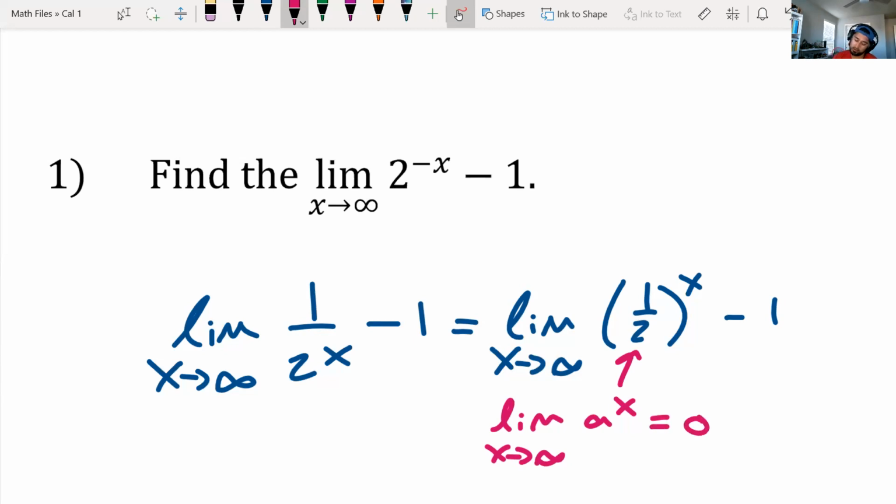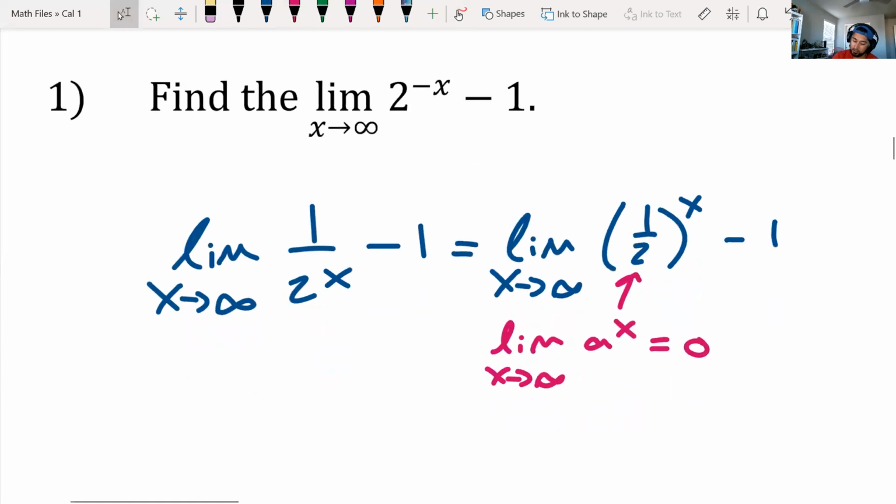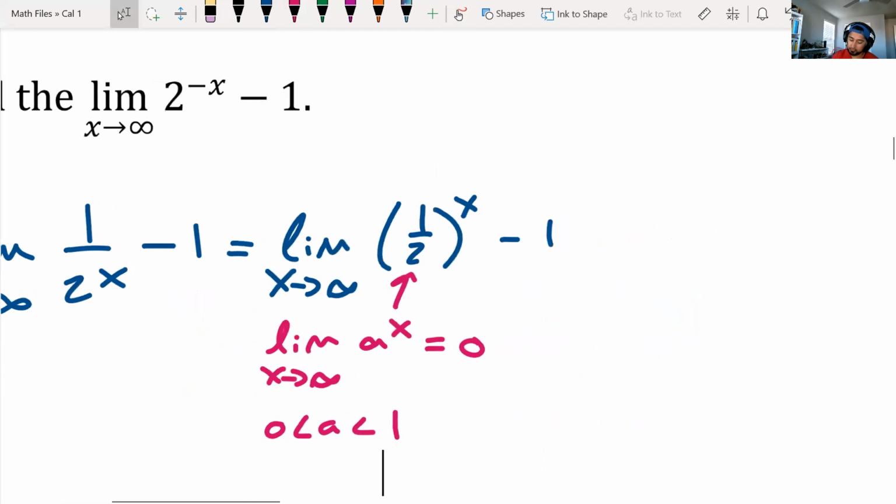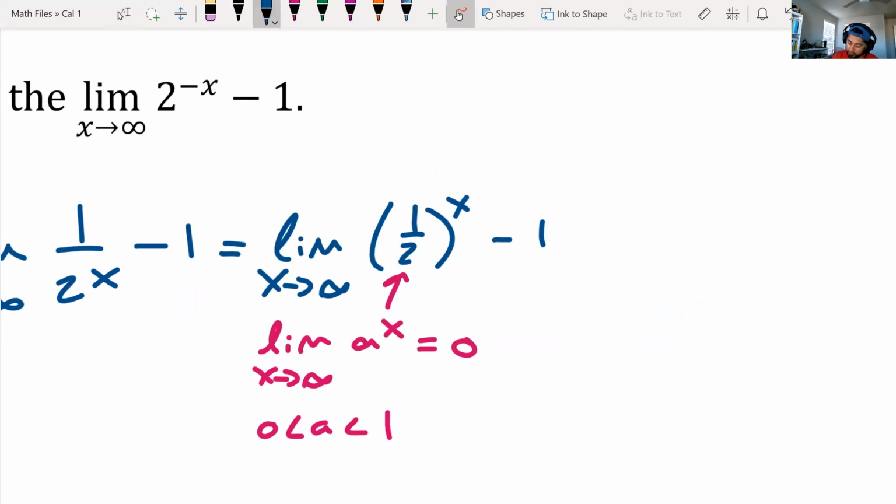Good. I'll put that down below, where a is between 0 and 1. Which means all we are left with is, what is the limit as x approaches infinity of -1 going to be?